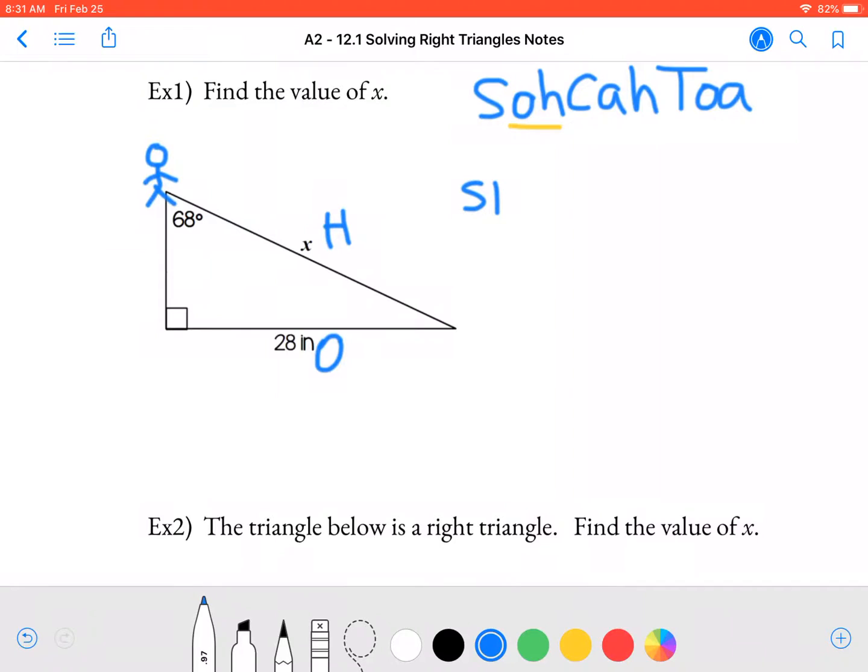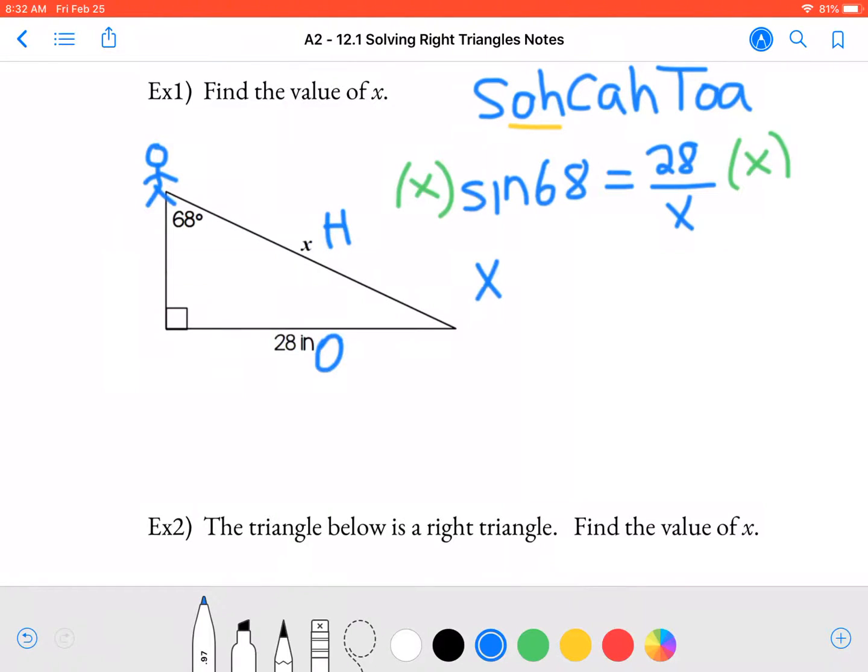So we do sine of the angle always equals opposite over hypotenuse, so 28 over x. When you're solving these, you always have to multiply by what's in the denominator. In this case, it is the x.